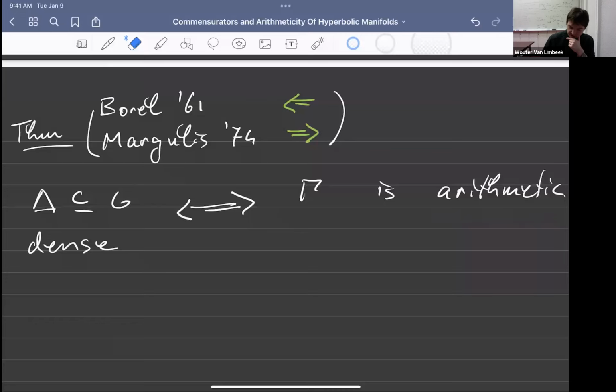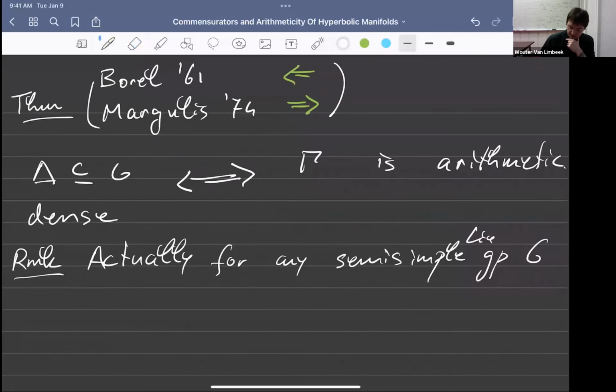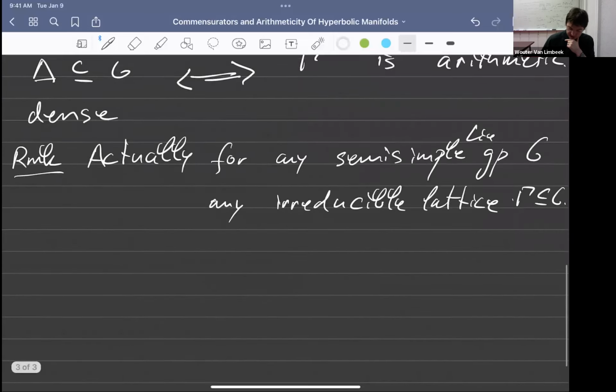Maybe before doing that, let me just give them the full credit that is due and say that actually they proved this not just for G isometries of hyperbolic space, but for any semi-simple Lie group G and any irreducible lattice gamma in G.